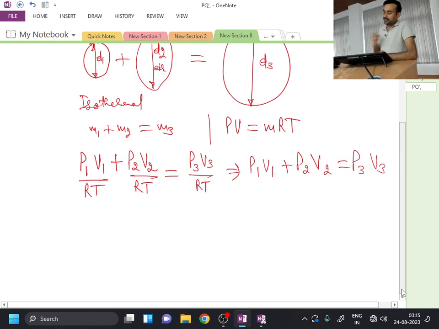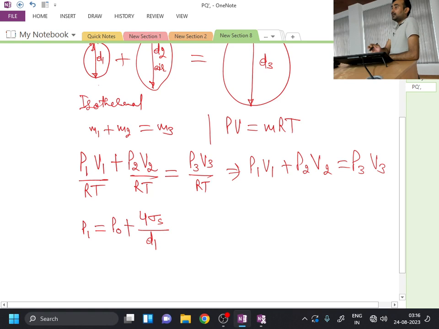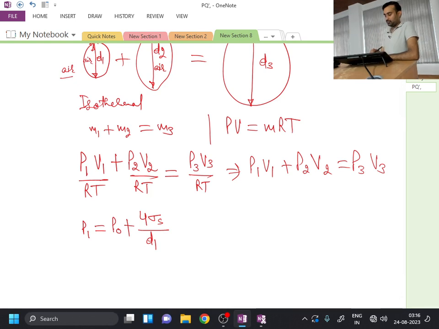Now can you tell me what P1 will be in terms of diameter? P1 will be equal to P0 plus 8 sigma by D1. Here there is air inside and air outside too, so we have to consider two interfaces. For a soap bubble this was the relation.